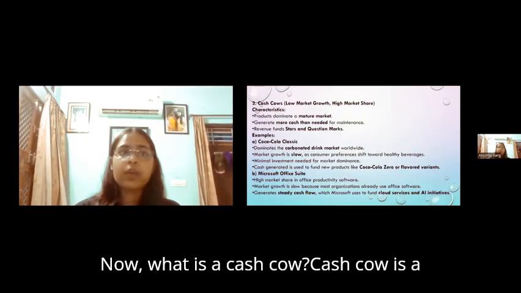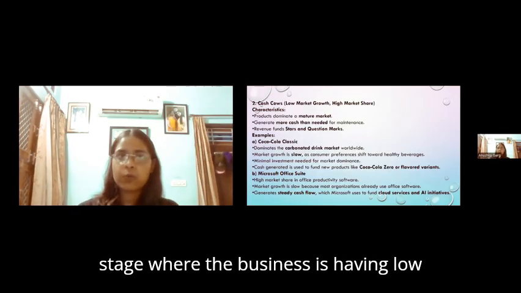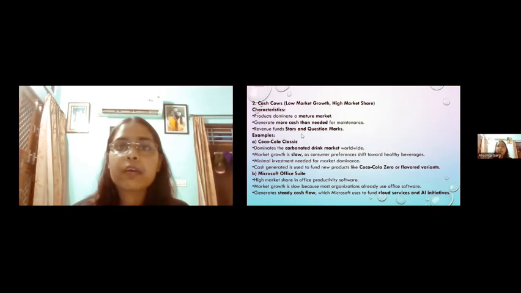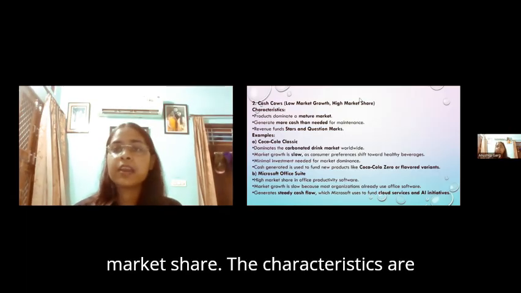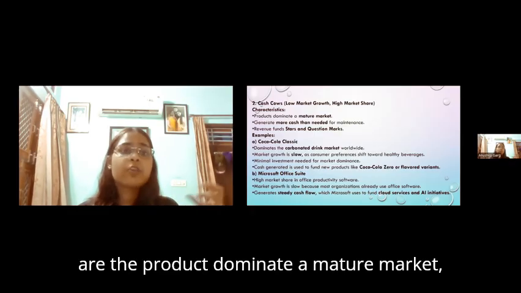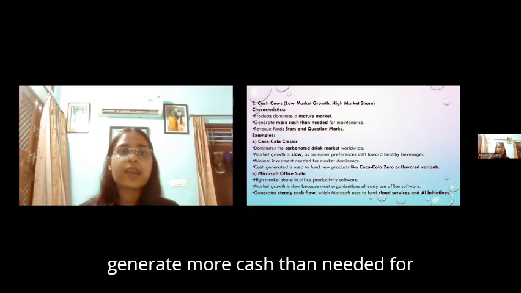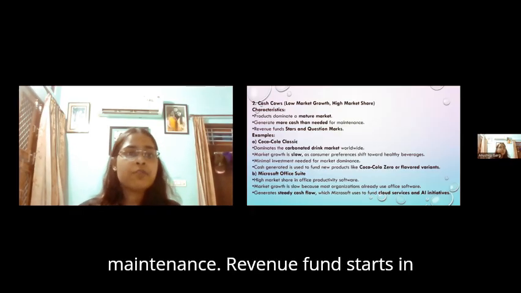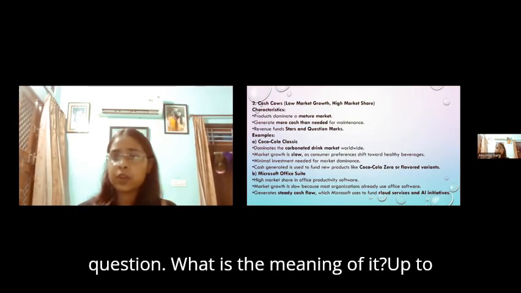Now, what is a cash cow? A cash cow is a stage where the business has low market growth and a high market share. The characteristics are that its product dominates a mature market and generates more cash than needed for maintenance. Revenue funds stars and question marks. So what is the meaning of it?